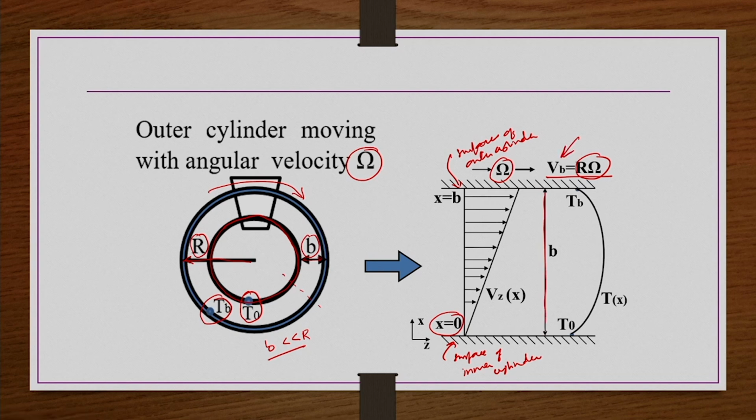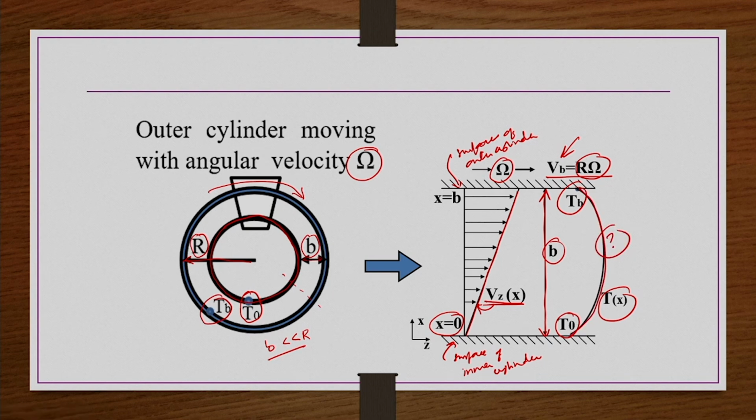The gap between these two cylinders is small b, the inner cylinder is at T naught temperature, and the outer cylinder is at T b temperature. The velocity profile is linear, right. That is also given: V z is a function of x only. The temperature is a function of x. The nature of the temperature profile we do not know, and that is what we are going to find out.